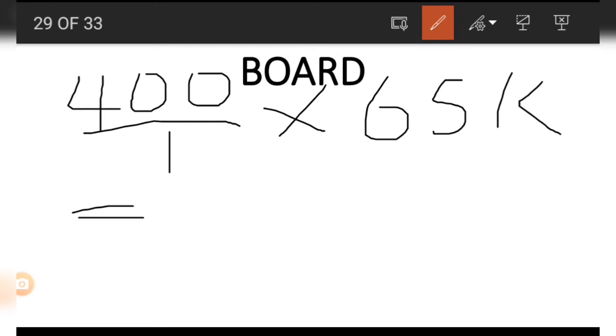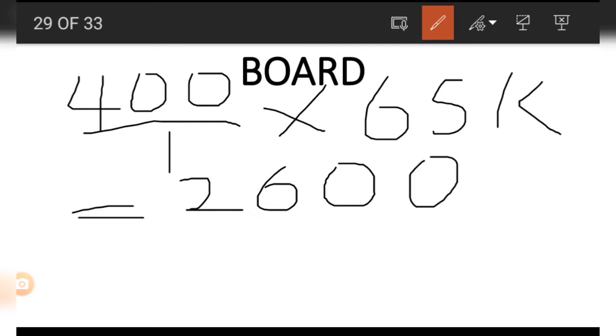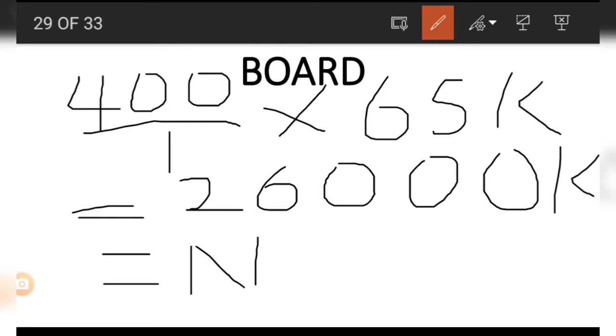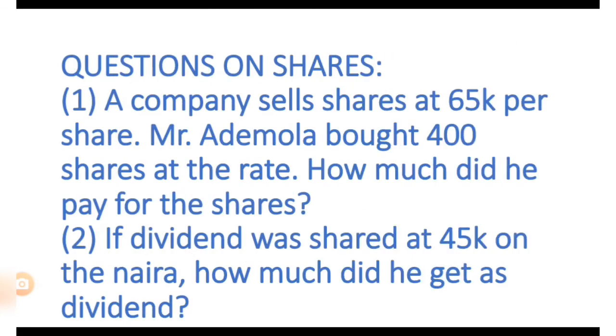Now, what do we get from this? Well, if done properly, we are going to get 26,000 kobo. When we convert this 26,000 kobo, it is equal to 260 naira.